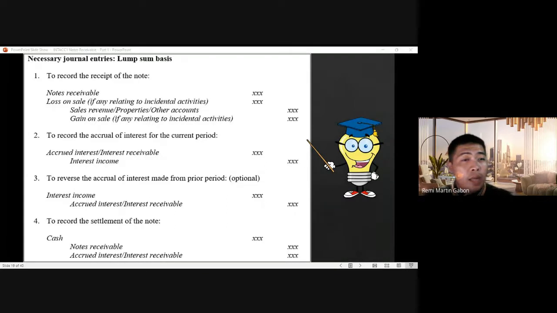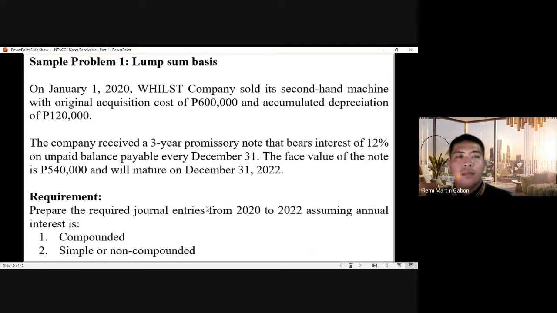Okay. Then to record the settlement of the note, we debit cash, then credit notes receivable, then credit the total accrued interest. Okay? All the accrued interest from the beginning up to the maturity date. So let us have this problem. Lump sum basis.